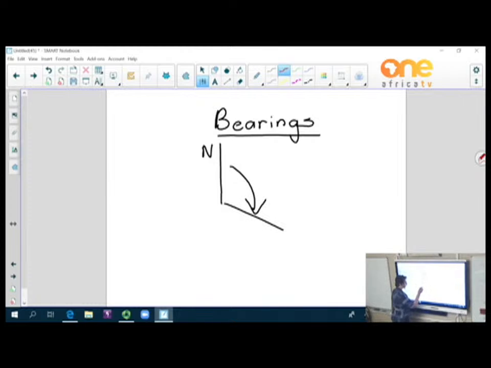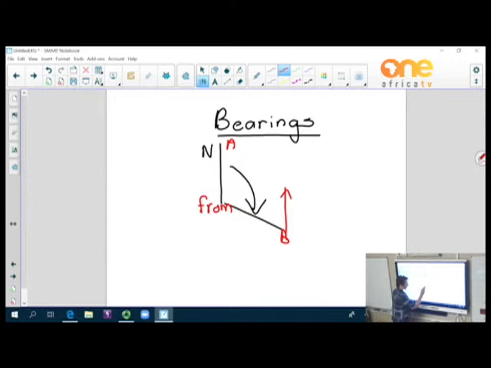The next important thing is you're looking at the from angle. If I say A from B or B from A, then it will be this angle here. From, that's where you should look at. Another thing is that at B we can draw a second north line, and those 2 lines are now parallel.